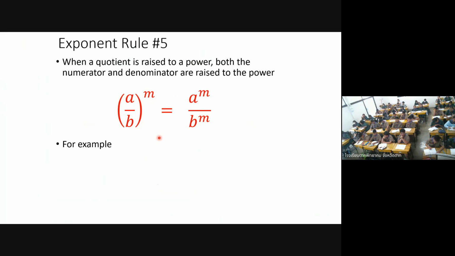Example. Everyone, can you please read this for me? Everyone, x over y all to the power of 3.